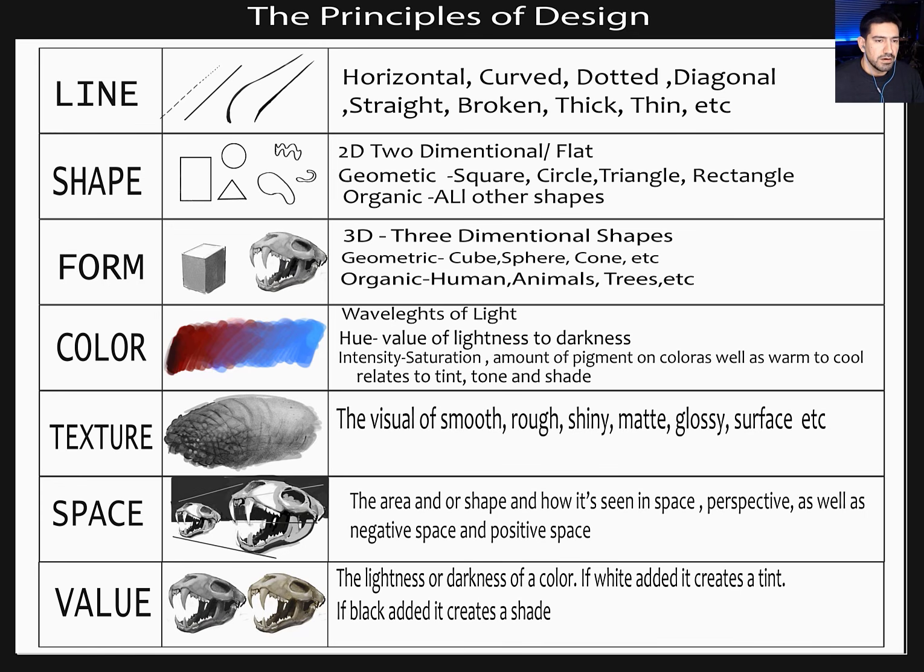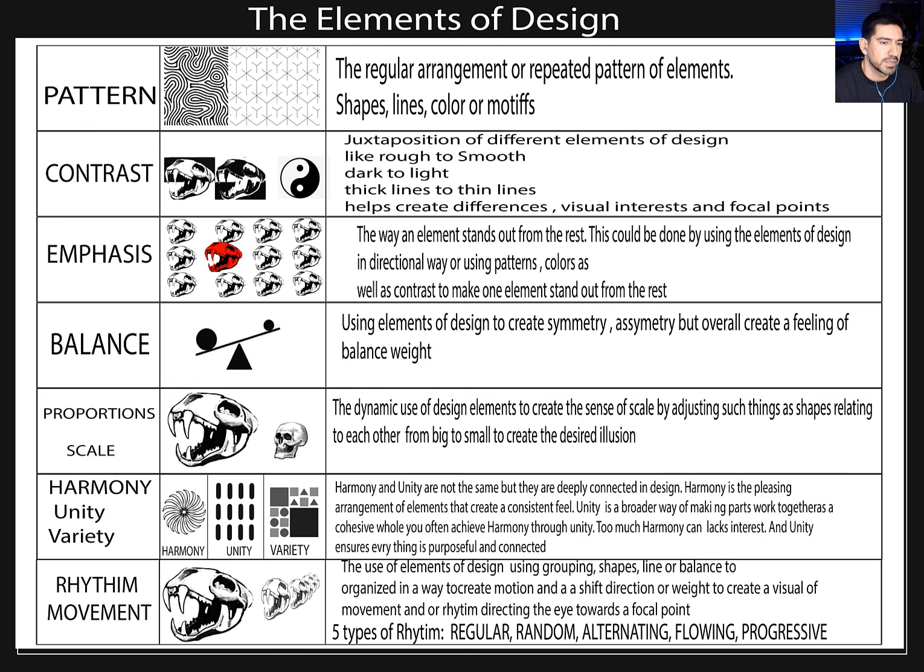And then from here, let's talk about the elements of design. So pattern, contrast, emphasis, balance, proportion, scale, harmony, unity, variety, rhythm, movement. To start off with pattern: a regular arrangement or repeated pattern of elements, shapes, lines, color, or motifs.